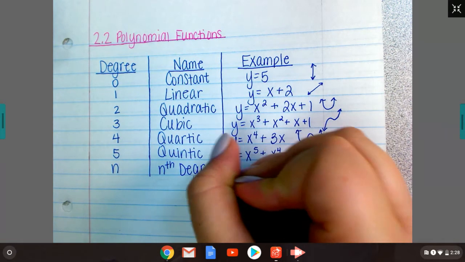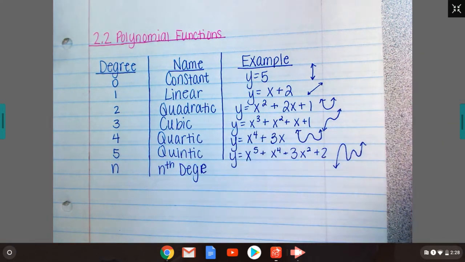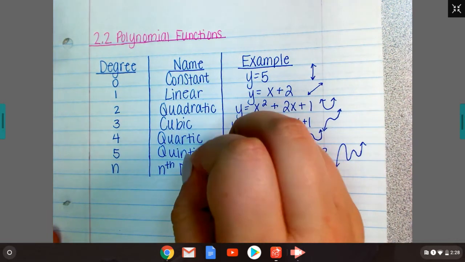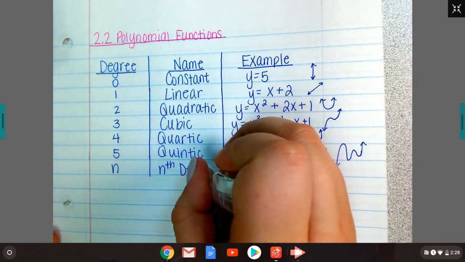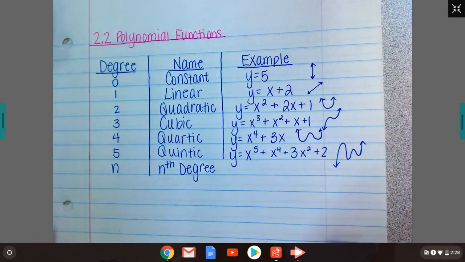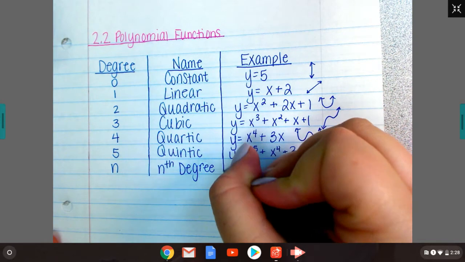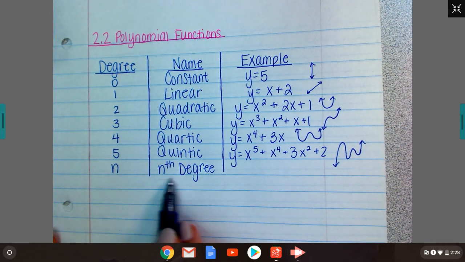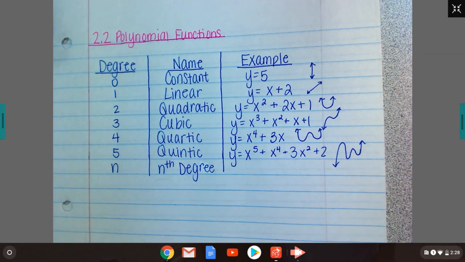Once we get past that, though, we're just going to call it the nth degree and not really worry about what the name of it is. We could call it an nth degree polynomial. And this would be like something where whatever n is, maybe it's 21, it'd be the 21st degree polynomial.